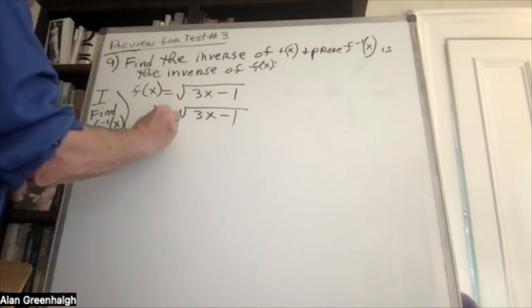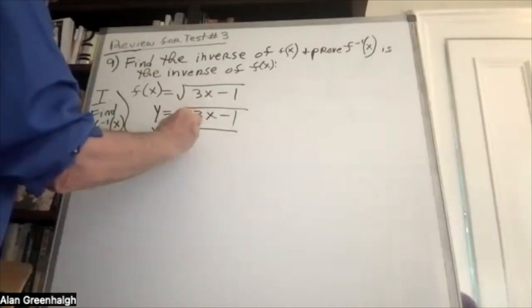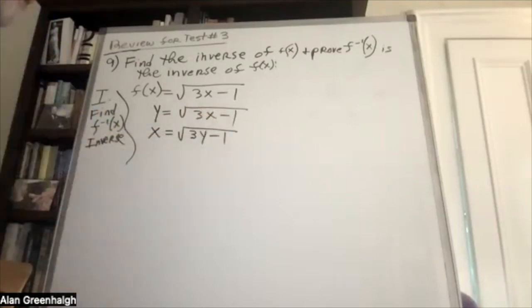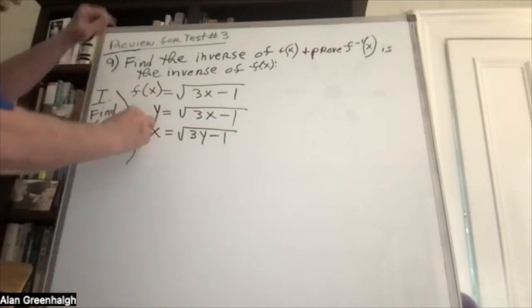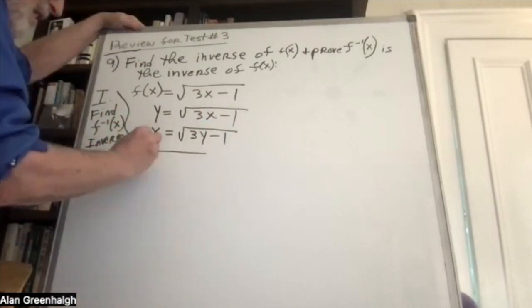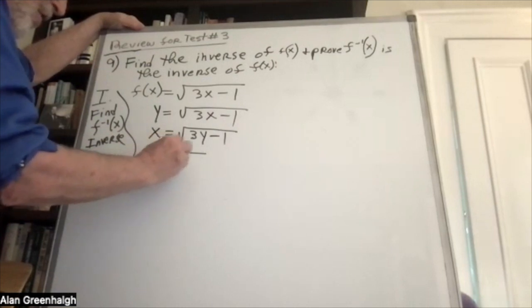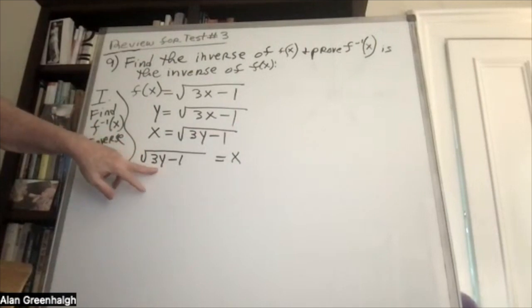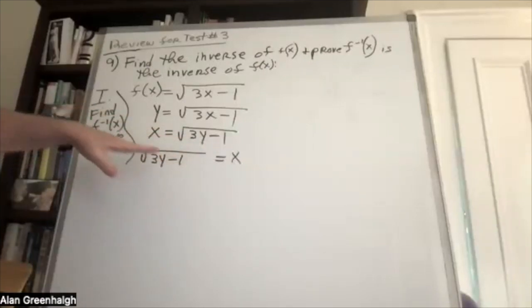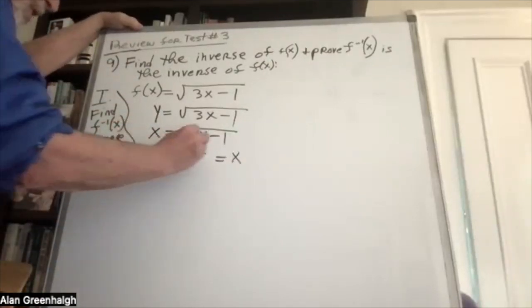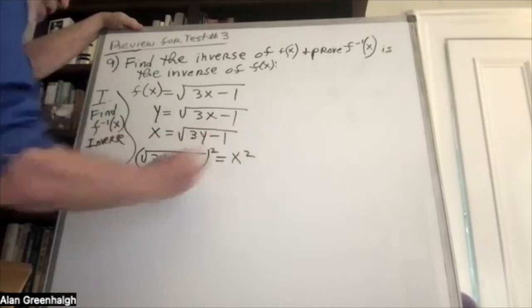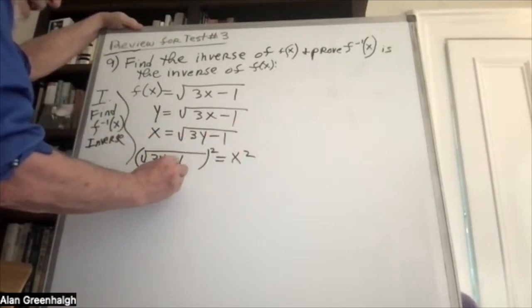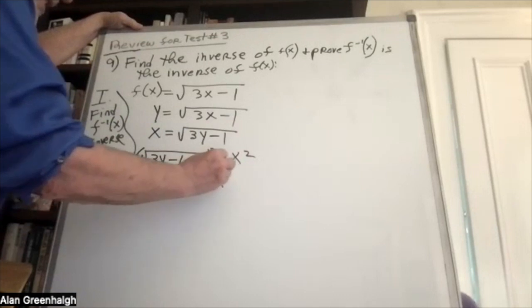So x is equal to the square root of 3y minus 1. And I'm going to turn it all around because I find it personally easier to do this. The next step is to solve for y. The square root makes it a little bit more difficult. But what you do is you square both sides of the equation. You get 3y minus 1 equals x squared.